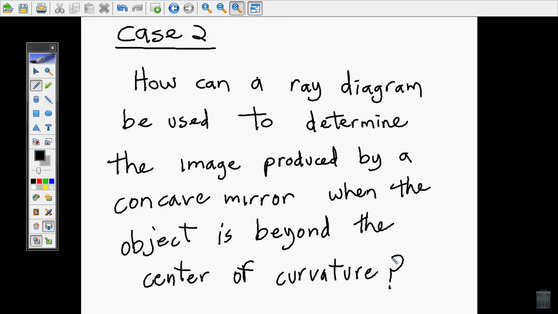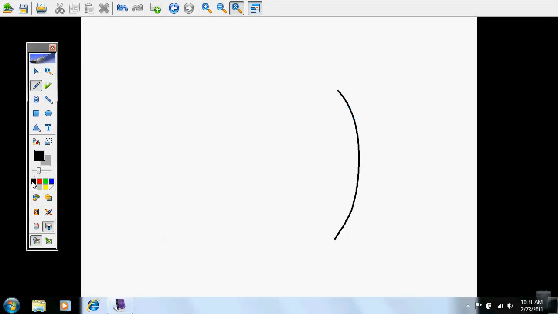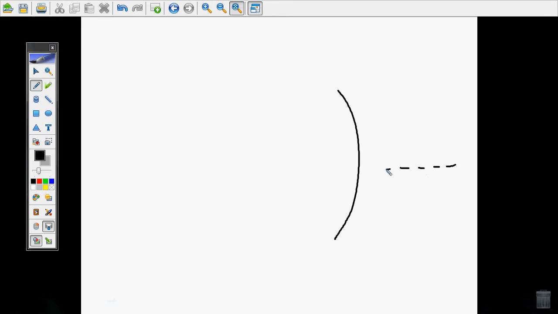So here's our concave mirror. Here's the center of curvature.